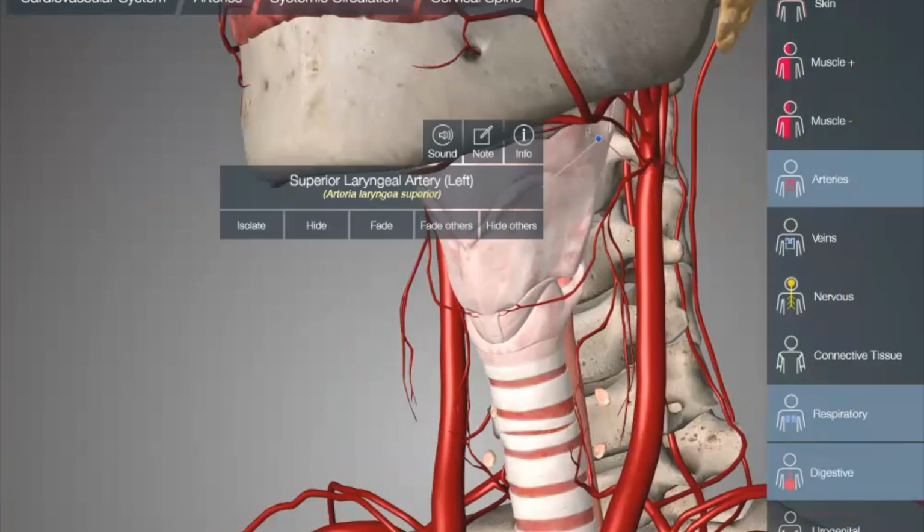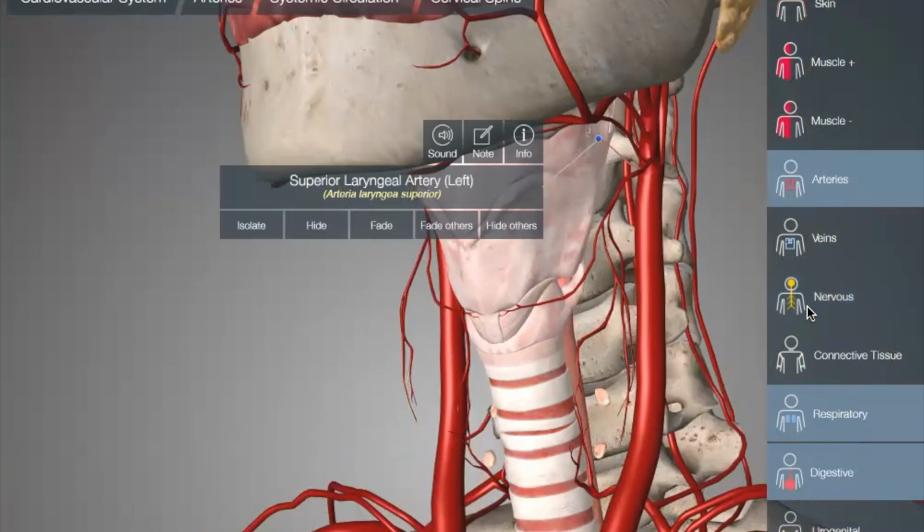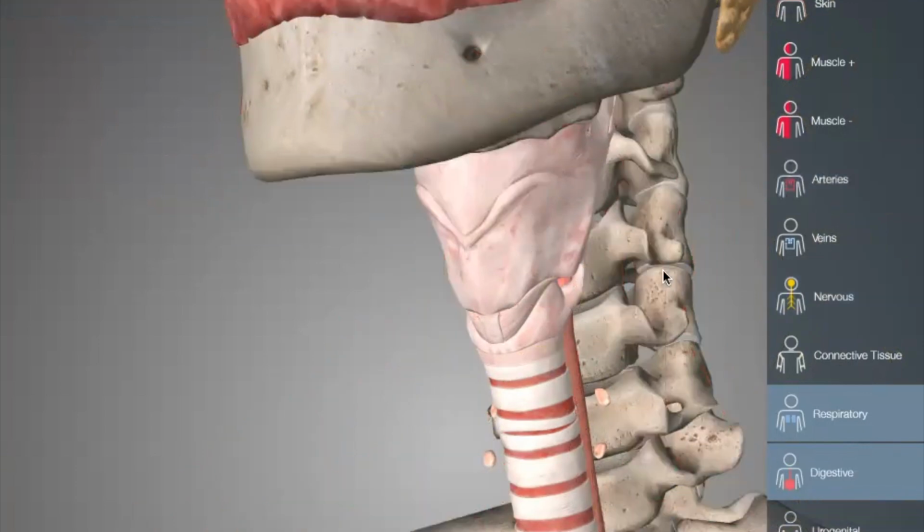The larynx receives both motor and sensory innervation from the vagus nerve. The vagus nerve gives off a branch called the recurrent laryngeal nerve.